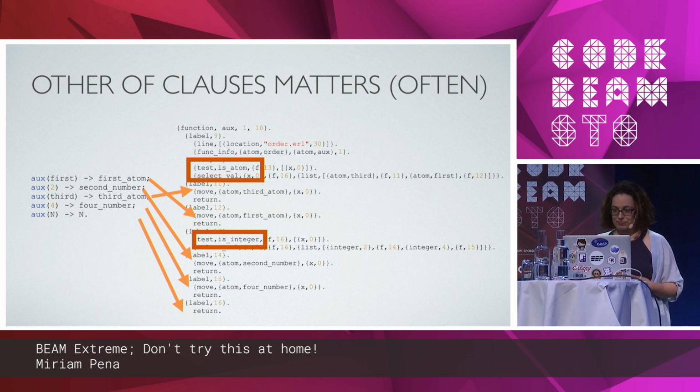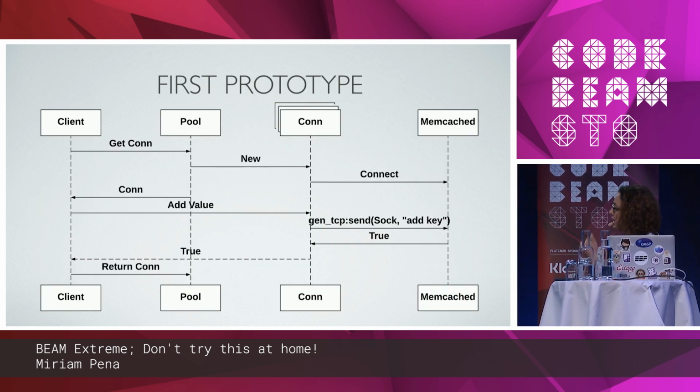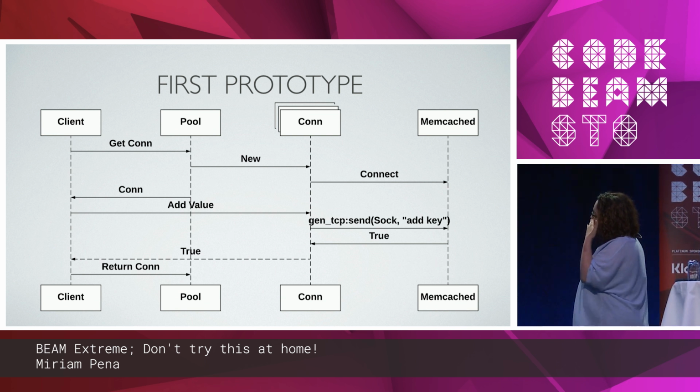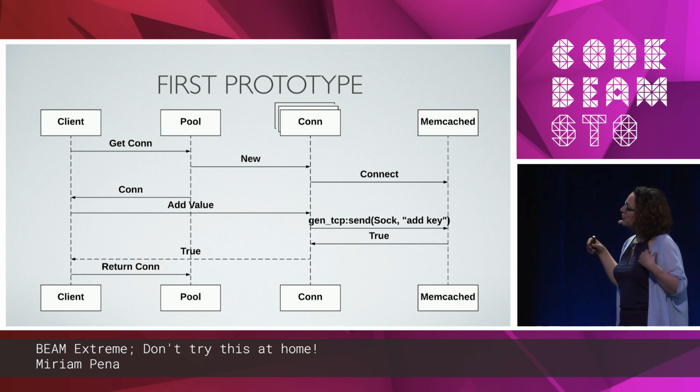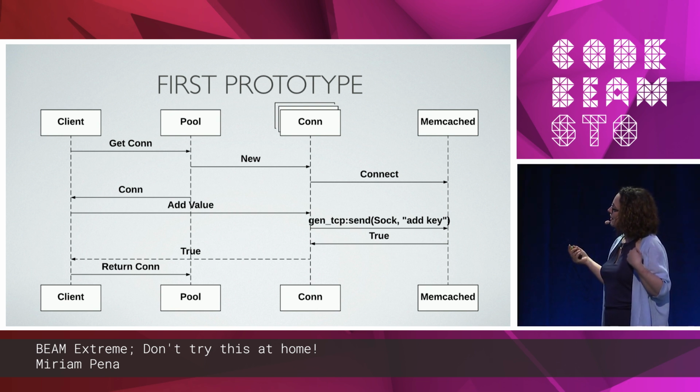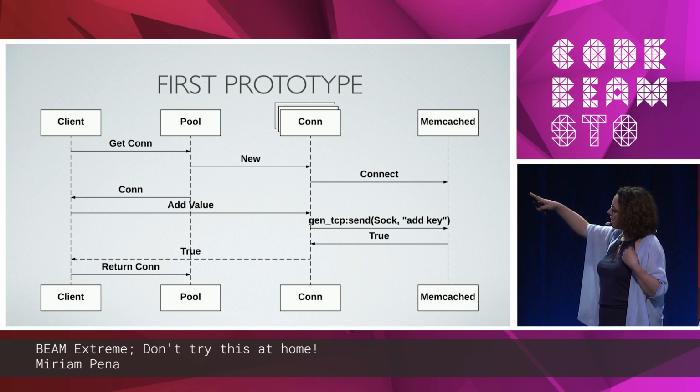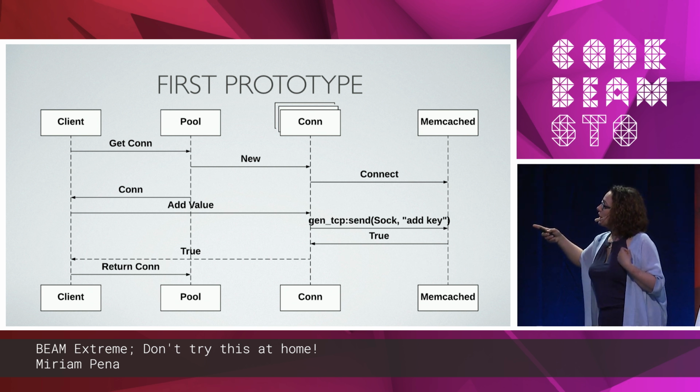Let's go on. Our prototype. So we have our pool, which is a process. We did the organization of the function clauses, we changed the process priority. Now we can do something else.